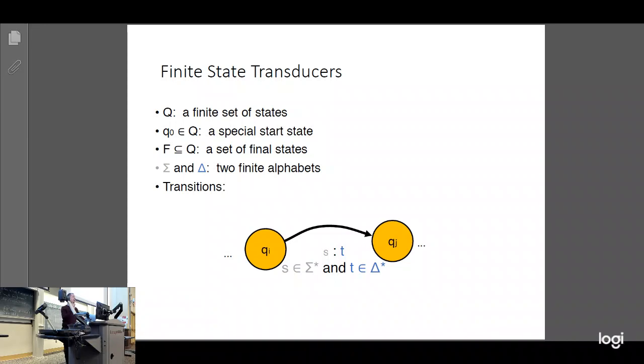There's one other thing that you can have in a label other than a symbol for one of the alphabets. And that is epsilon. What is epsilon? Yes. The empty string. Epsilon is the empty string. So you can use epsilon to insert things and delete things, basically, because you can have a transition that has an epsilon on one side, or even both sides.